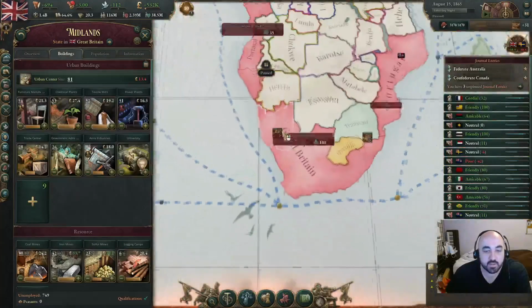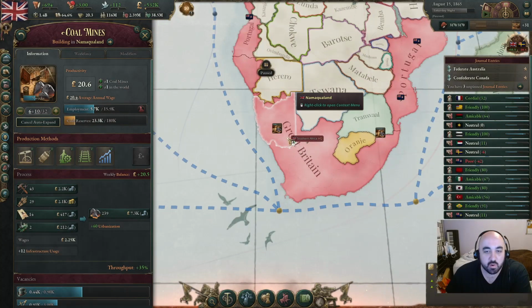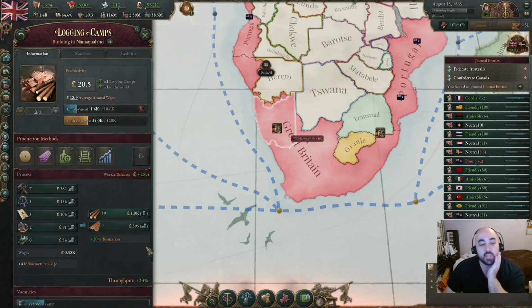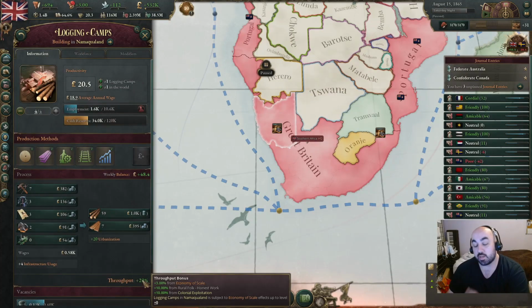The reason why you want all of the rural stuff, i.e. coal mines and such, in unincorporated states is this 10% throughput bonus, because what ends up happening is hyper late game, you will run shortages of hardwood and of oil and all these things. And this is the limiting factor from expanding the economy, because you cannot expand these rural things any further.